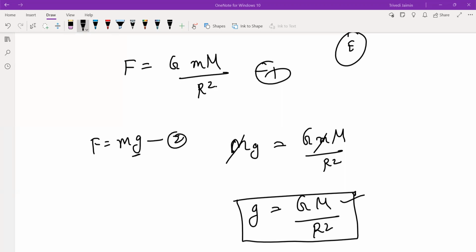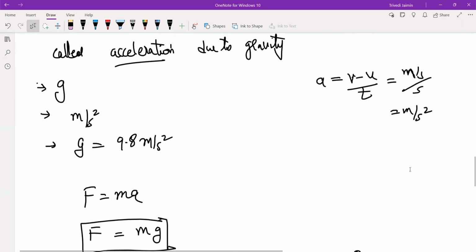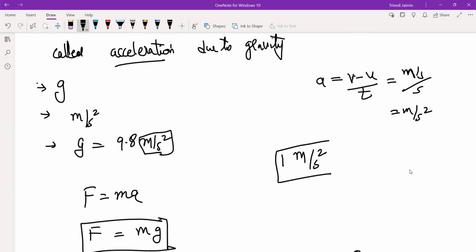But actually, if we see the unit, observe this unit, what does it say? Meter per second square. What do you mean by it? It's acceleration, one meter per second. Yes, exactly.